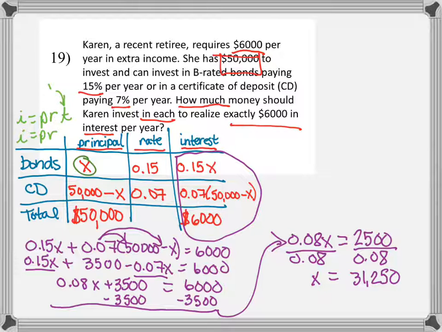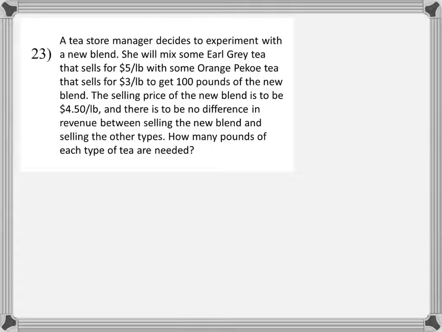So that's how much money Karen needs to invest in bonds. To find out how much she must invest in CDs, substitute that amount in for x. So 50,000 minus 31,250, which gives us $18,750.